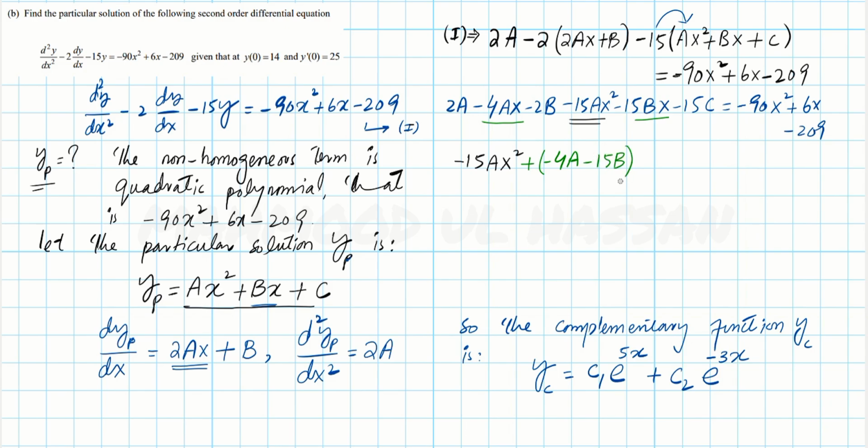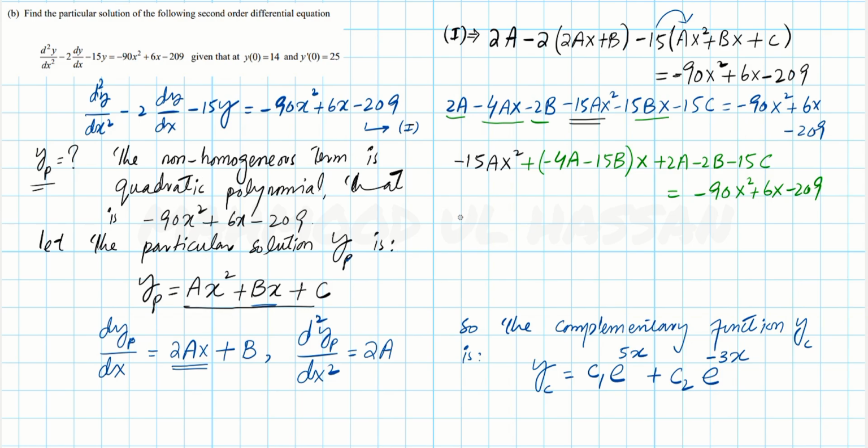Then we are left with the constant, that is plus 2a minus 2b minus 15c, equal to minus 90x squared plus 6x minus 209. Got it? So now we have to compare the coefficients to get the values of a, b and c.